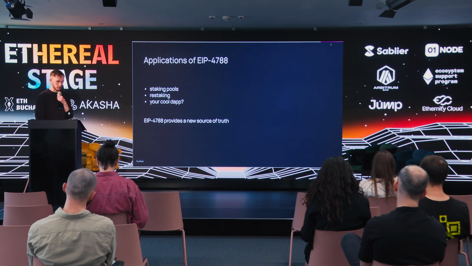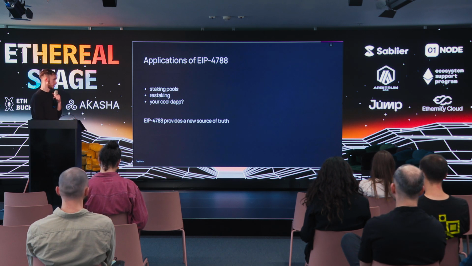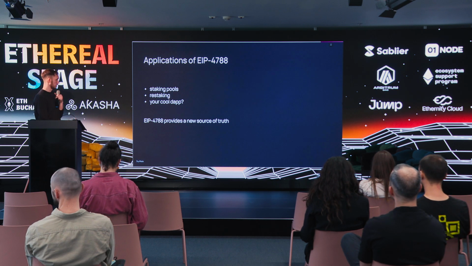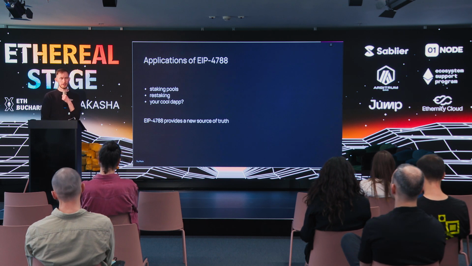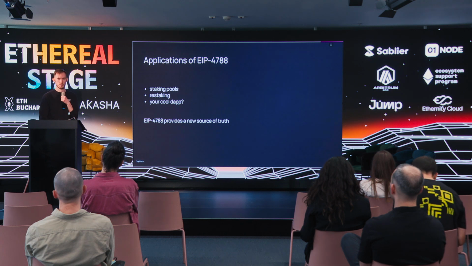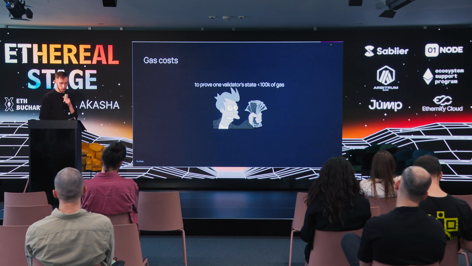And it is useful for the community staking module as well, because in a permissionless manner, we can now prove that the validator was slashed, for example, and we can say what withdrawal balance it had on the consensus layer as well. So basically, EIP-4788 provides a new source of truth about the consensus layer available on the execution one. And at what cost?